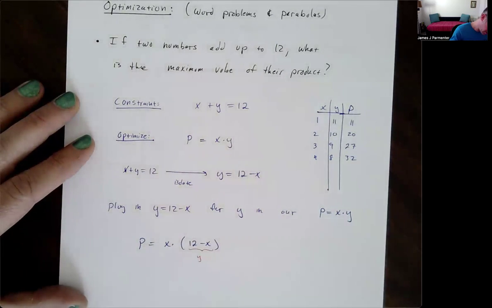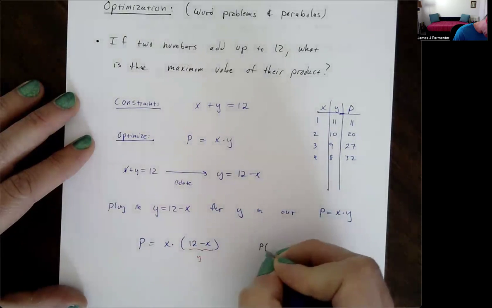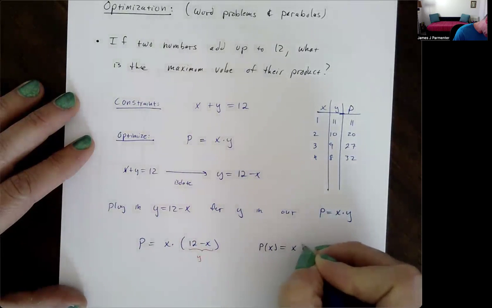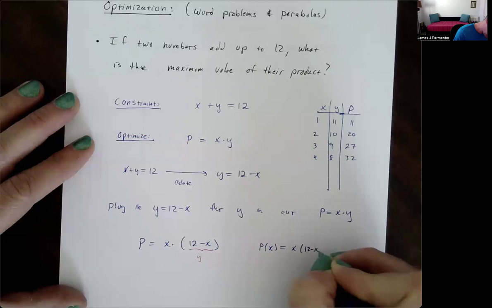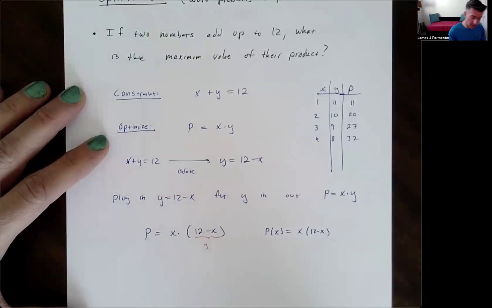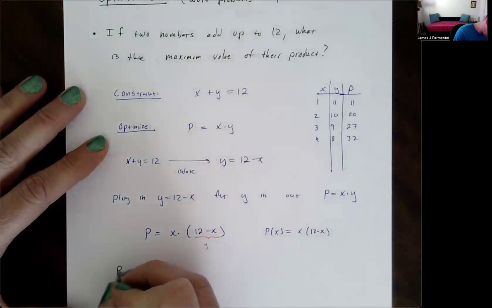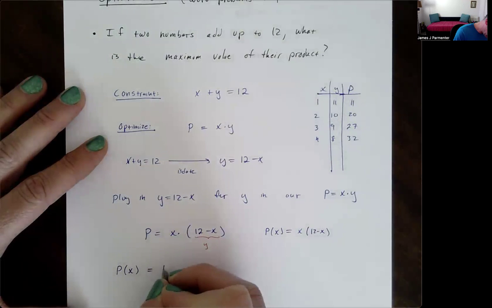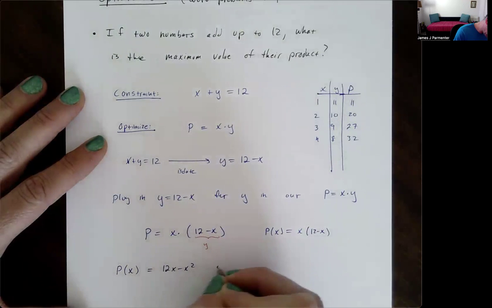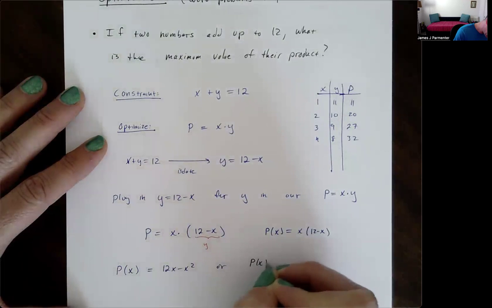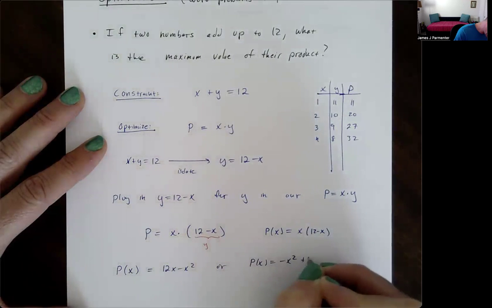We can write this as a function, P of x equals x times 12 minus x. If we multiply this out, our product, or function of x, is 12x minus x squared, or if you prefer, P of x is negative x squared plus 12x.